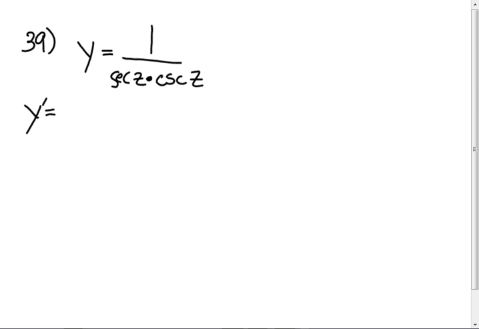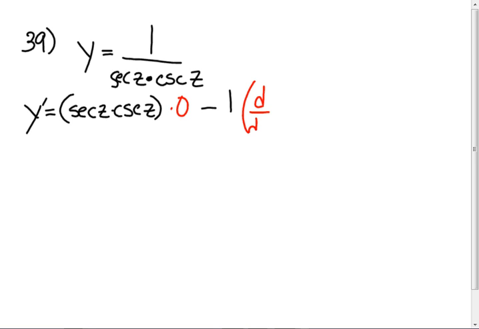It's the quotient rule, right? So it's what? Secant of z times the cosecant of z times the derivative of the numerator. I'm going to write it anyway just to keep track. Minus the numerator. Now, it's the derivative with respect to what variable?